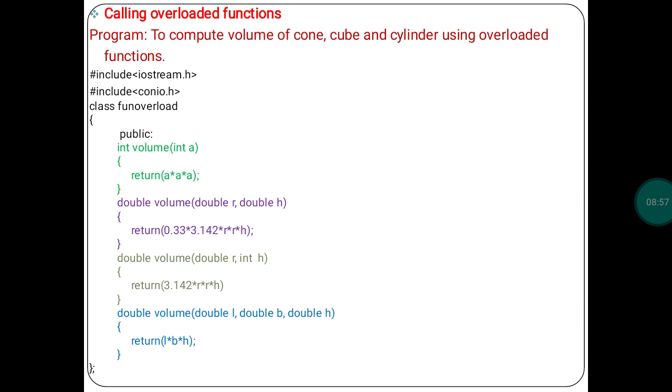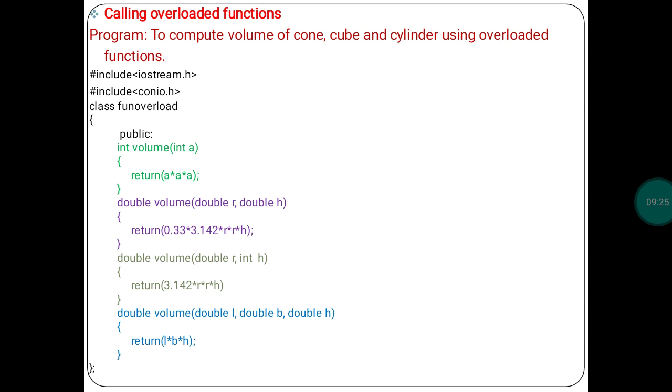We can call it function overloading because the first and second functions both have the same function name and different types of arguments and also different numbers of arguments. In the first function we have the int type, in the second function the double type. In the first function we have only one argument, in the second function two arguments.